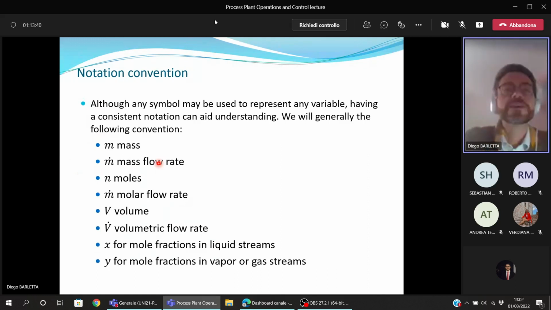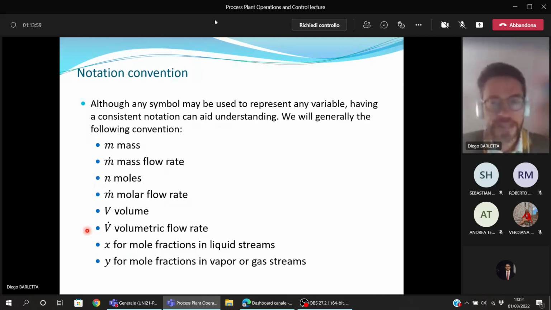But we can agree internally on this notation in order to have a common set of symbols. For mass, moles, and volume, and also for the mass flow rate, molar flow rate, and volumetric flow rate, we can use these symbols.